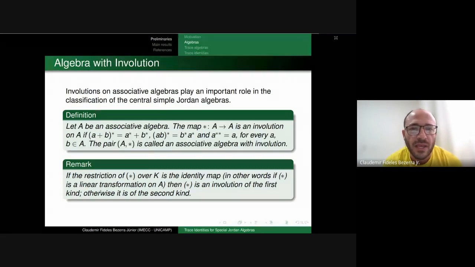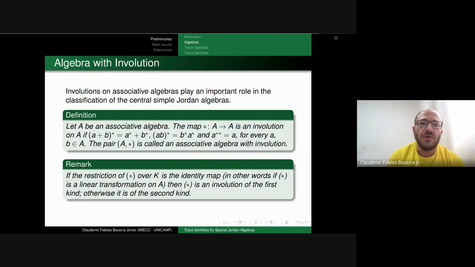Now I need a break to talk about algebras with involution, because associative algebras with involution play an important role in the classification of the central simple Jordan algebras. In this case, we consider A an associative algebra, and the map star from A to A is called an involution on algebra A if it satisfies this and this.